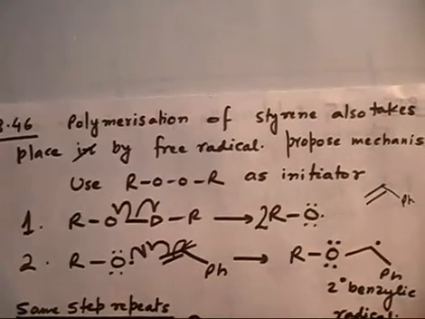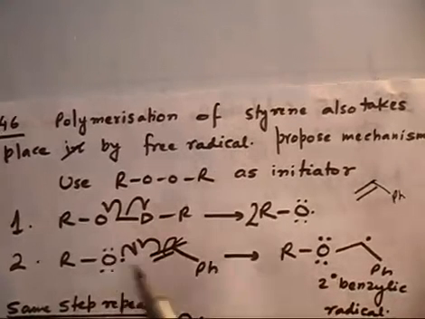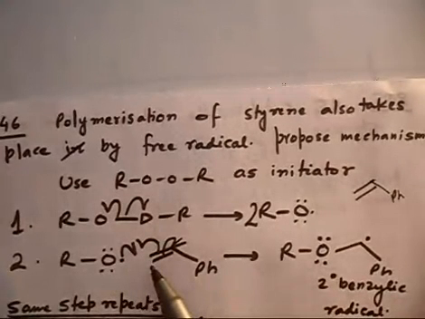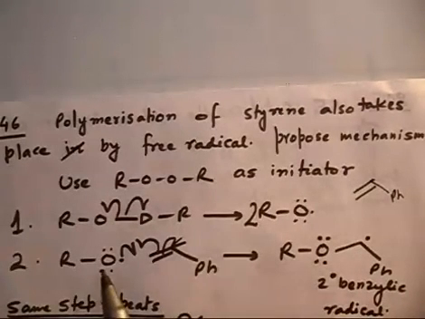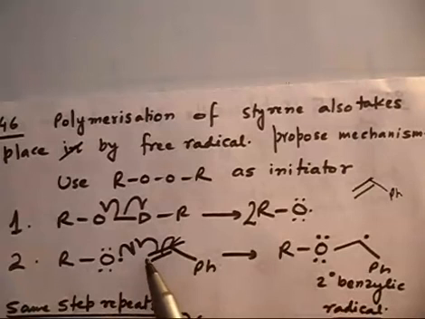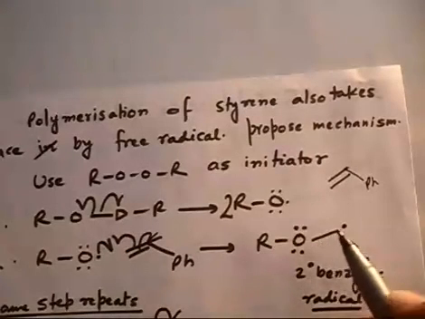If this happens, what will you have? You will have RO and then one carbon, two carbon, and then Ph. But I have shown only one carbon, so this is wrong.